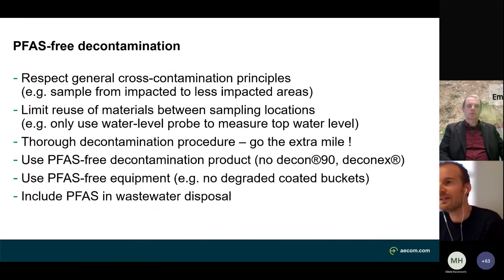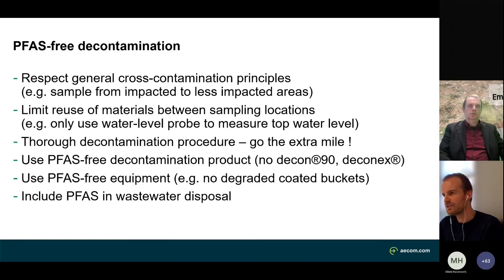And then PFAS-free decontamination is, of course, also very important. Mostly all of you know the general cross-contamination principles, and of course they do apply to PFAS as well. But in PFAS we go one step further. Limit the reuse of materials between sampling locations.